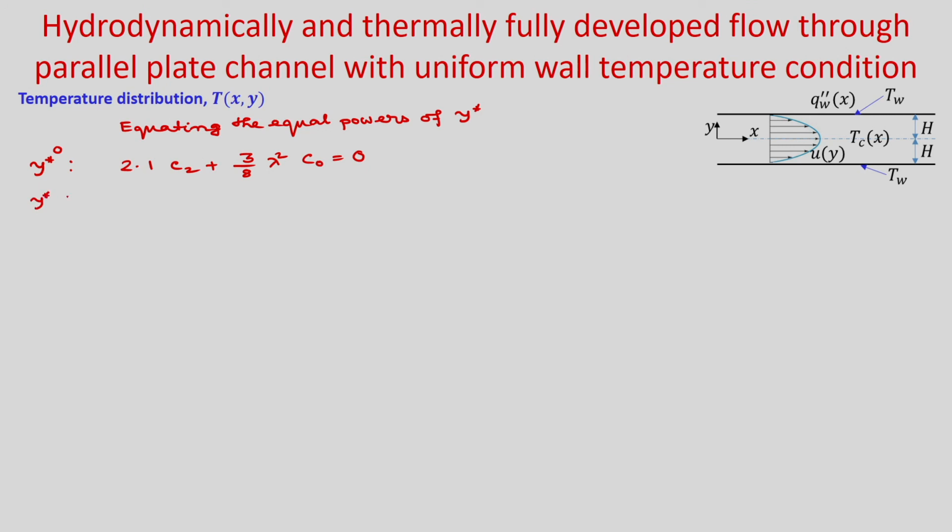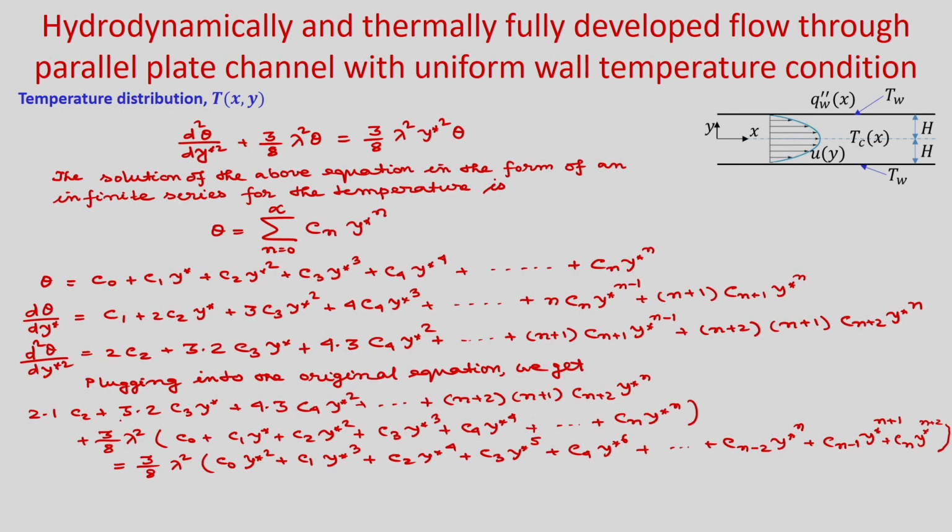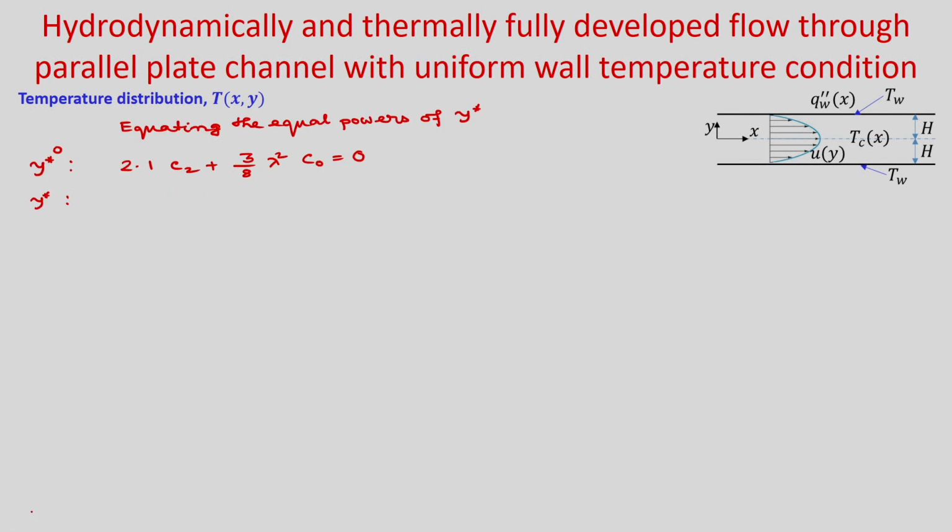Then y star. Okay. So, if you see y star, so you have 3 into 2 C 3 y star, here 3 by 8 lambda square C 1 y star. Okay. And in the right hand side we do not have any term associated with y star. So, you can write 3 into 2 C 3 plus 3 by 8 lambda square C 1 is equal to 0.